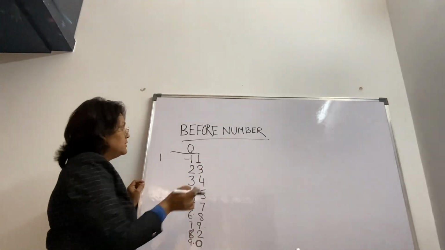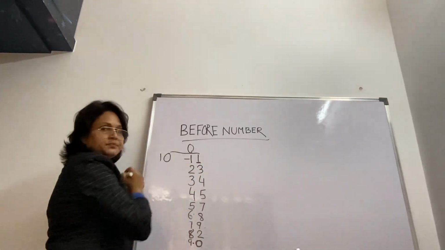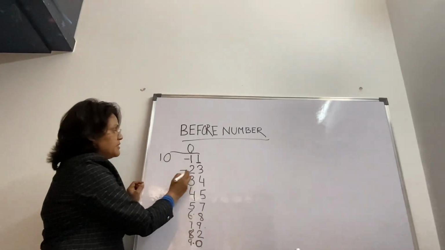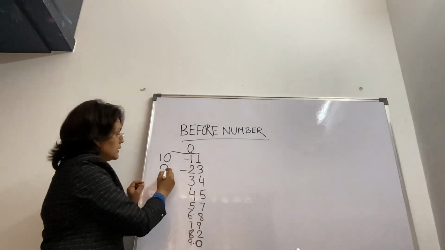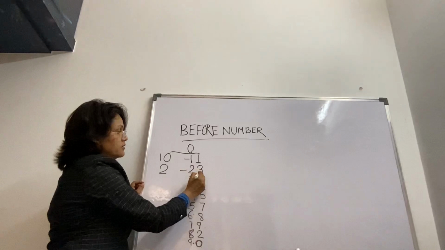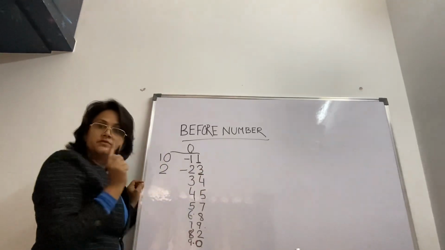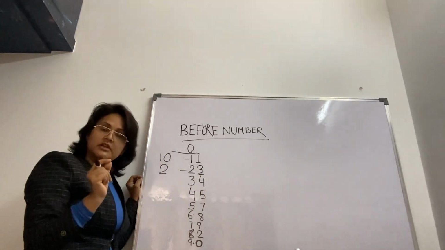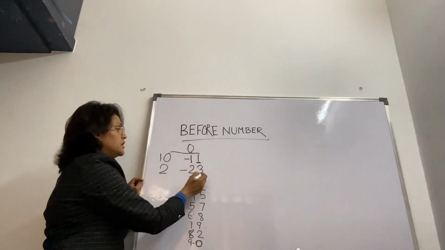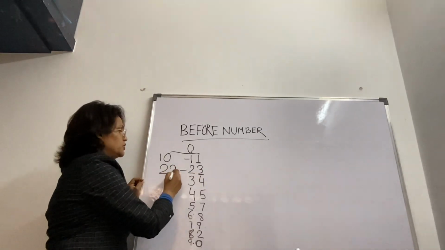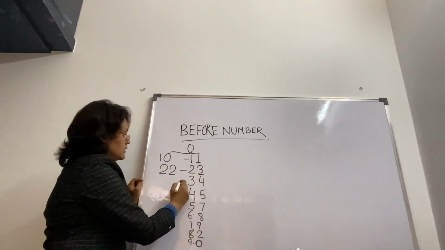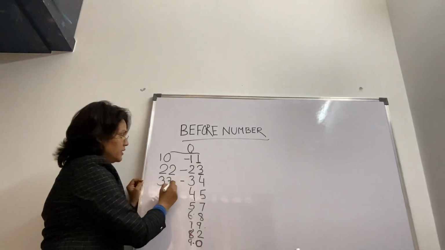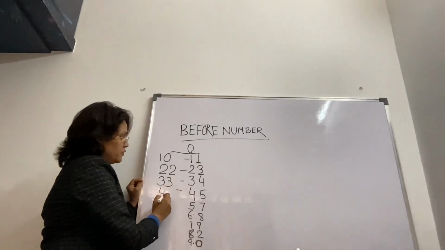So before 1, it's 0. The same concept applies here where 2 stays as such, but here this number we only change, because we already told the students to look for the number only at the ones place. So before 3, it's 2. The same way here, 33, 44.